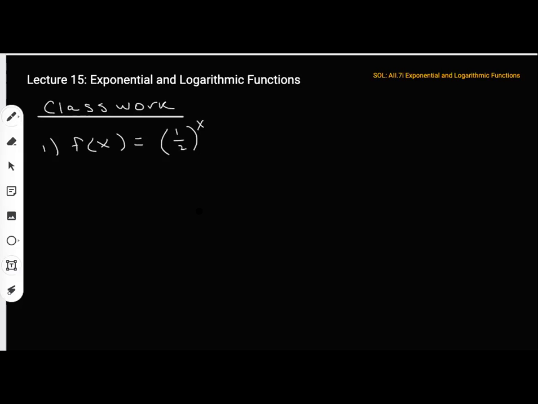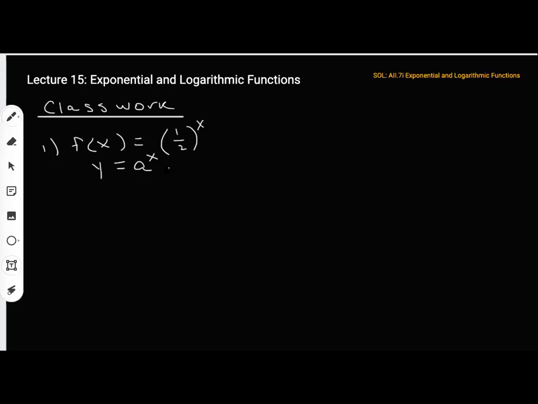Okay, so this is an exponential function. And for the first question, it asks you to find the parent function. And the parent function is just going to be y or p of x is equal to a to the x power, where a is the base. So that's going to be the parent function. We can also write it like this.